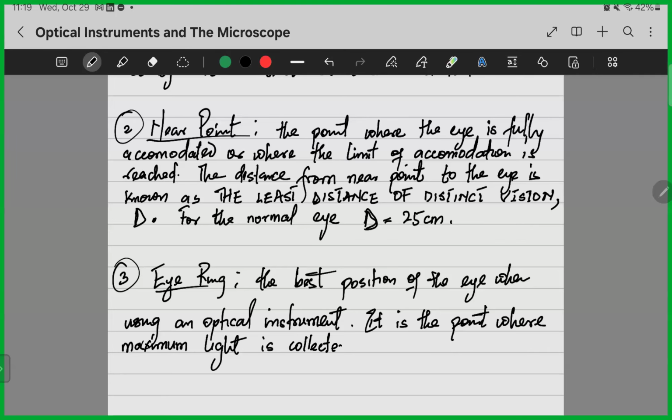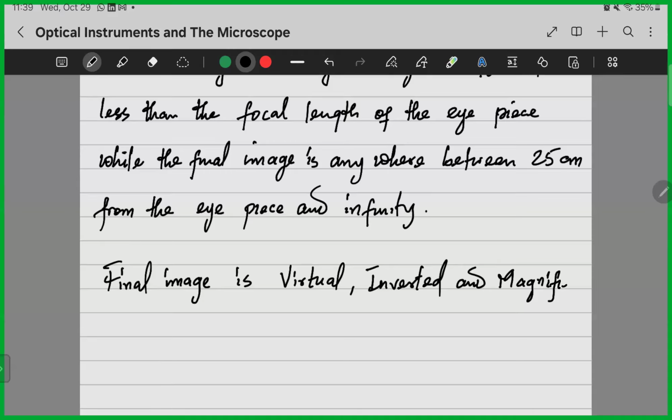So you keep that one in mind, but also note that your final image, this is a very important point, is virtual, inverted, and magnified. So this particular point here, take note of it. Virtual, inverted, and magnified.